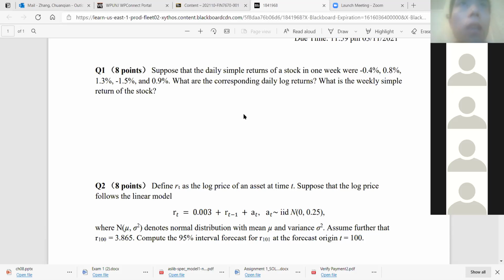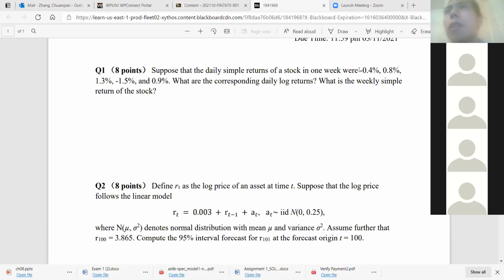And this question gives you, for example, 5 days of returns, so the corresponding daily log returns and what is the weekly simple return of the stock. Note that these are all simple returns.